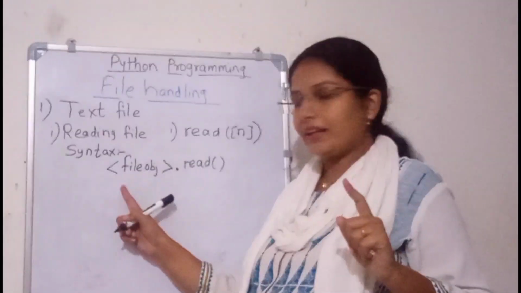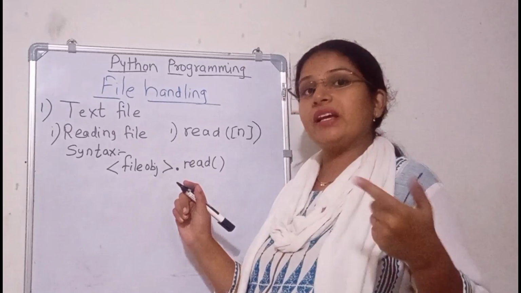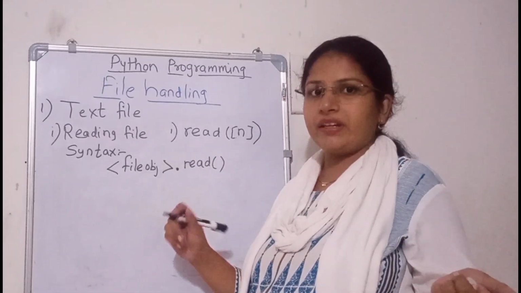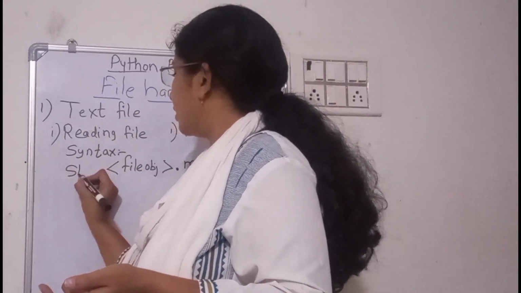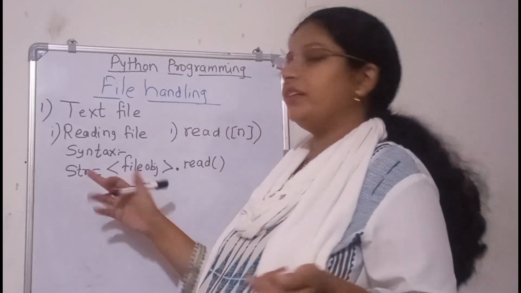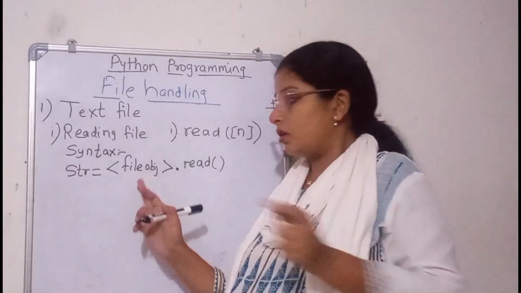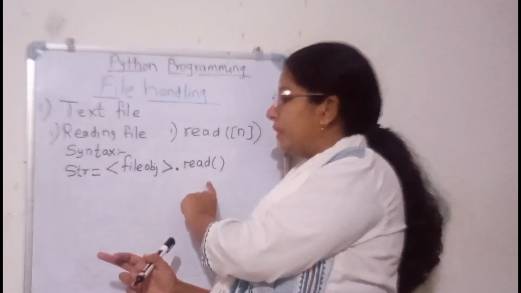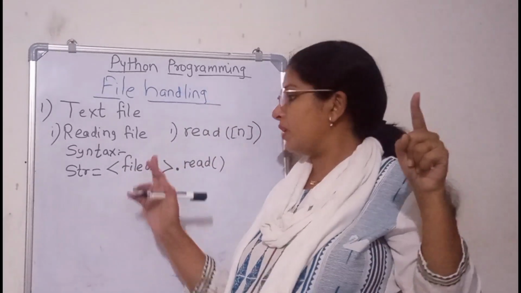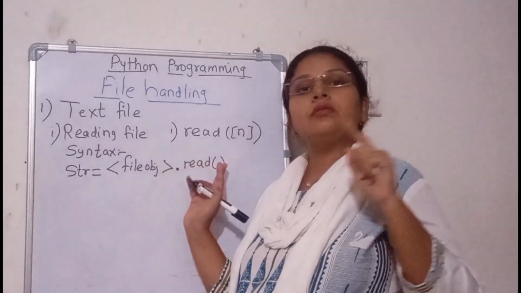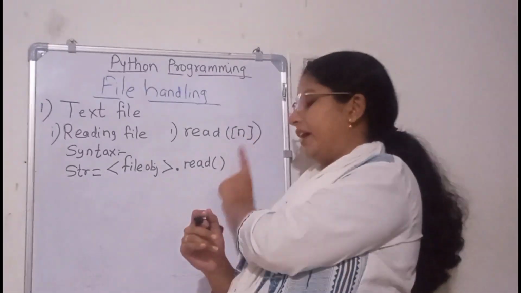File object or file handle, dot operator, read, and whatever content you are reading will be placed in any kind of variable name. That variable name will be user defined. So suppose str, you can take any other name as you want. So str equal to file object dot read. That means the file object you created before in the first line of your program, with that file object you are calling the read method, and whatever content you are reading, in this case you are not mentioning the n value.